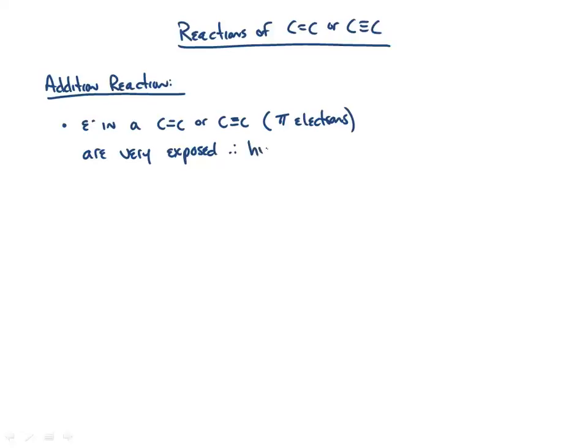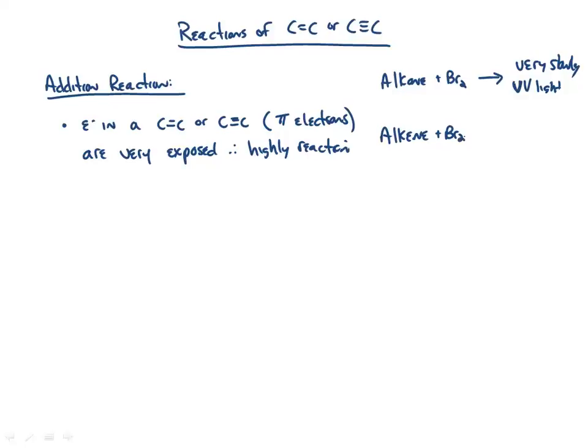Therefore highly reactive. And we saw that, for instance, if we took an alkane plus bromine, that reacted very slowly, and that we almost needed UV light to get it to go fast. But when we did that reaction with an alkene, that happened very quickly.